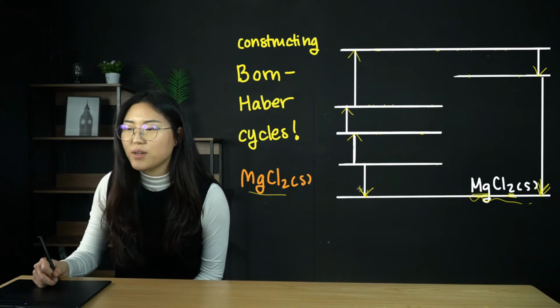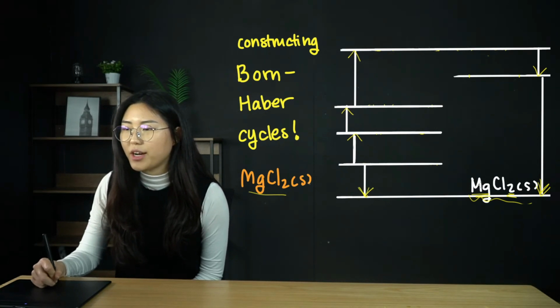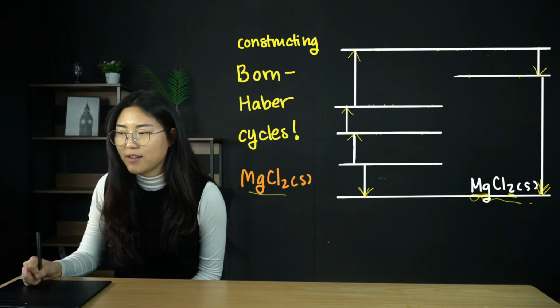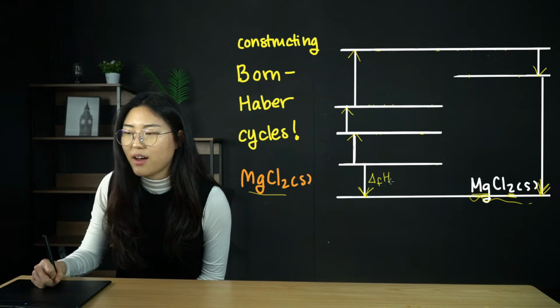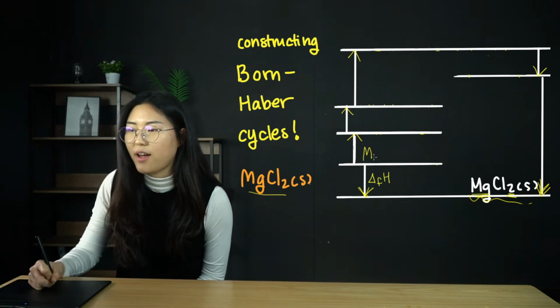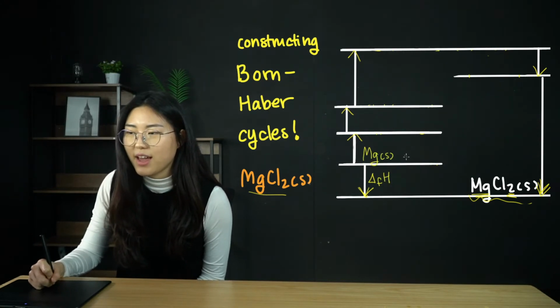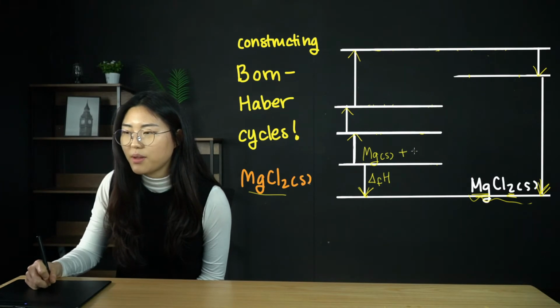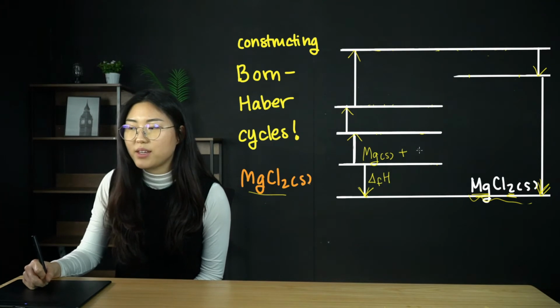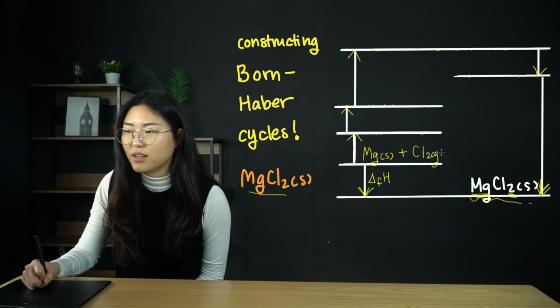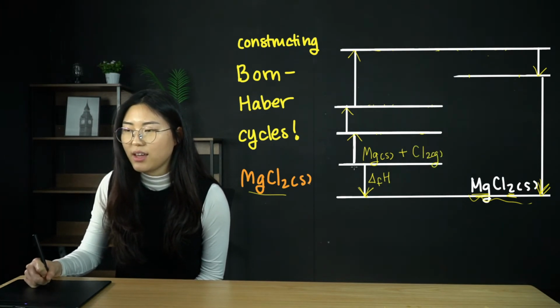Okay, so first of all, this arrow going down here from this level, we're going to have to make this first, right? So this is probably going to be the delta FH, and over here we're going to have the elements, Mg solid plus, over here we don't have to do a half molecule of chlorine because we need two, so Cl2 gas, okay?